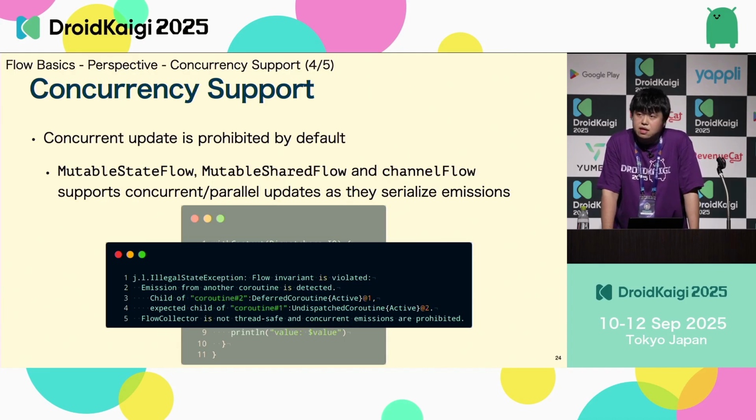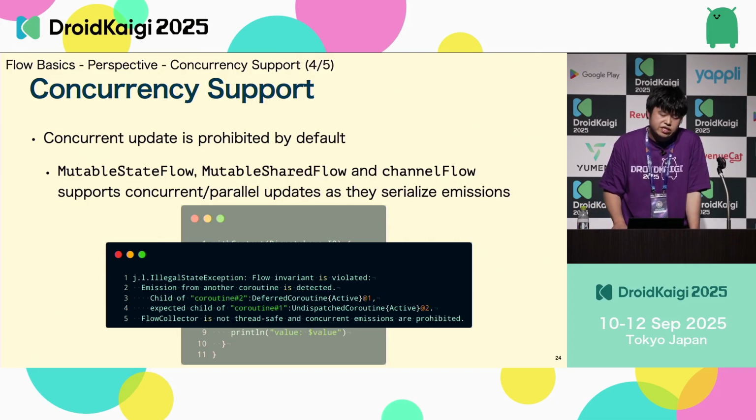If upstreams run concurrently, not necessarily in parallel, it will be rejected. You need to use flows that support concurrent emissions. For example, mutable state flow, mutable shared flow, and channel flow serialize value updates.